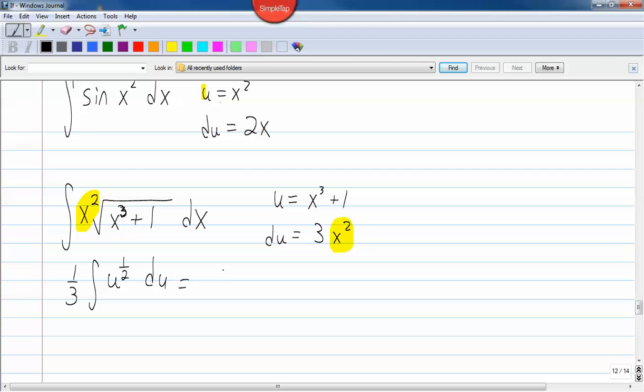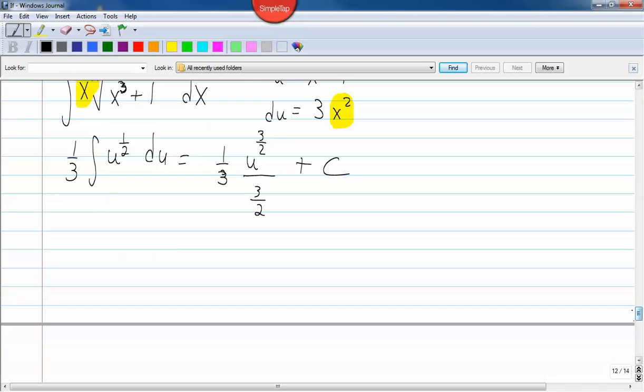So now, add 1 to the power, so that's going to be u to the 3/2, and divide by that power, 3/2, plus c. Or 1/3 times what? 2/3.